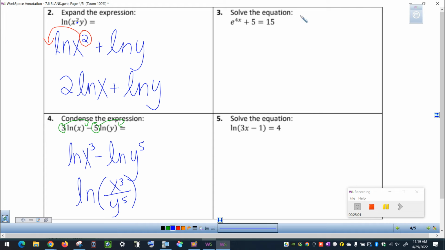Okay, sometimes we can't use the same base method, and so going back up here at the top, like on number 3, we're just going to use the ln both sides method. Before we take the log of both sides, let's go ahead and subtract 5 over.